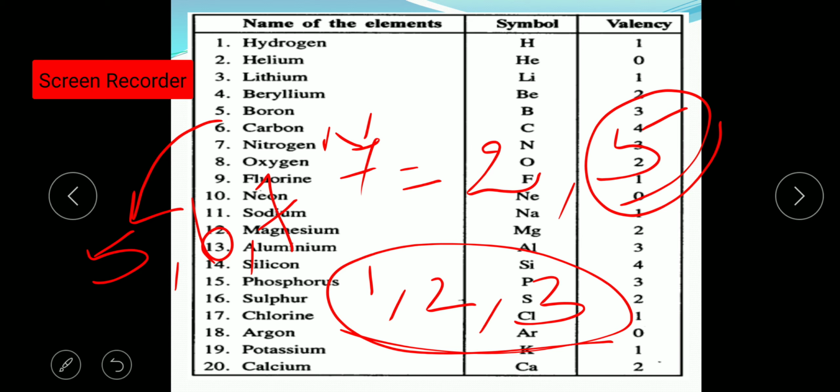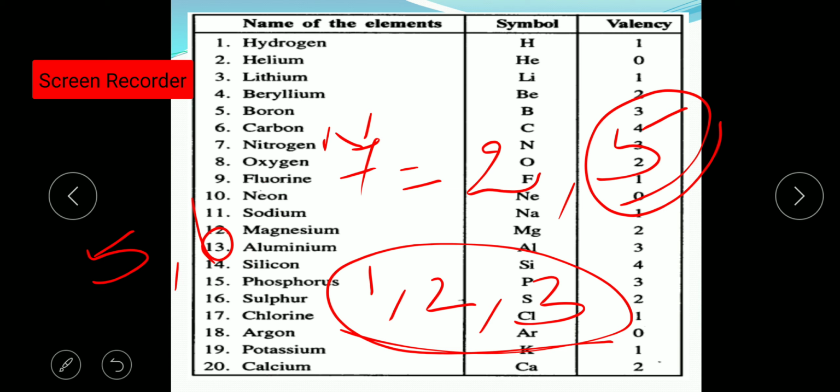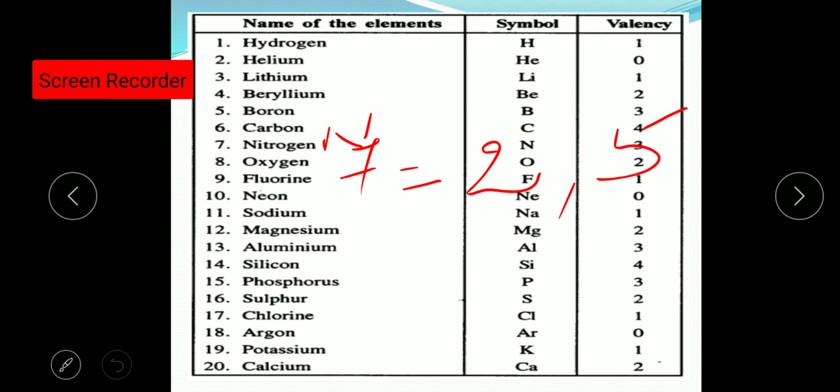The ones having 5 electrons will take 3 electrons and their octet will be filled. The elements having 6 electrons in the outermost shell will take 2 electrons and then their octet will be filled. The elements having 7 electrons in the outermost shell will take 1 electron and their requirement of getting an octet will be filled. So that is why the valency of nitrogen is not 5, it is 3.